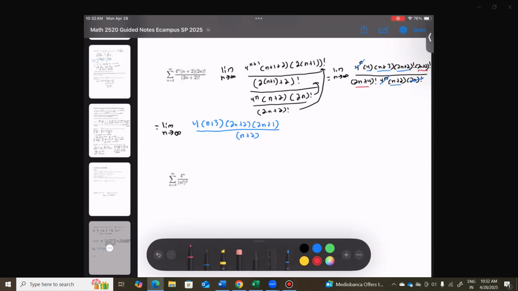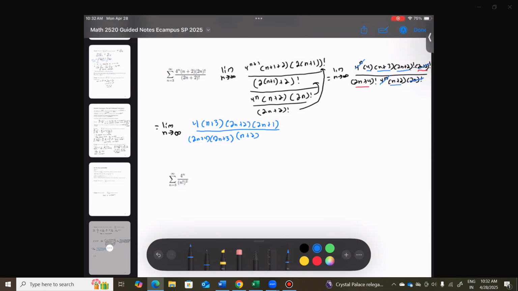Okay, same idea. The 2n plus 4 is one term that will still be there. And you'll have 2n plus 3, but then you'll have 2n plus 2 factorial that cancels with this. Okay, so that's how that cancels out. So this is everything you have left after the cancellation.